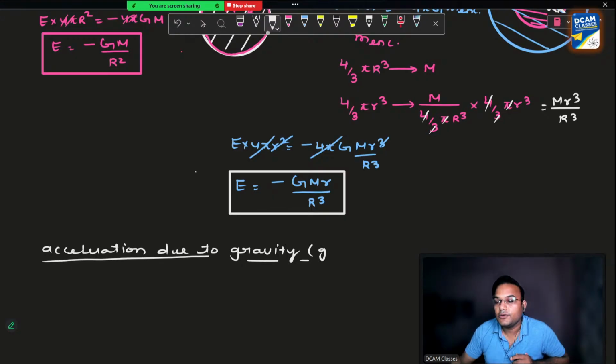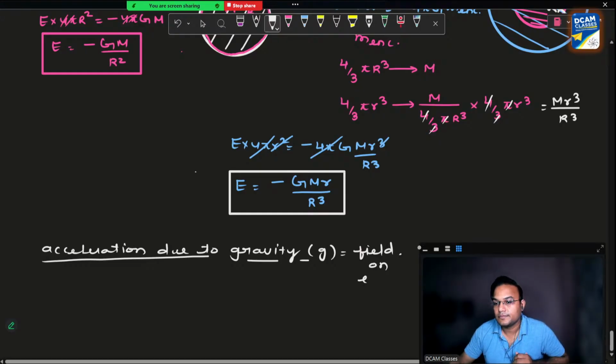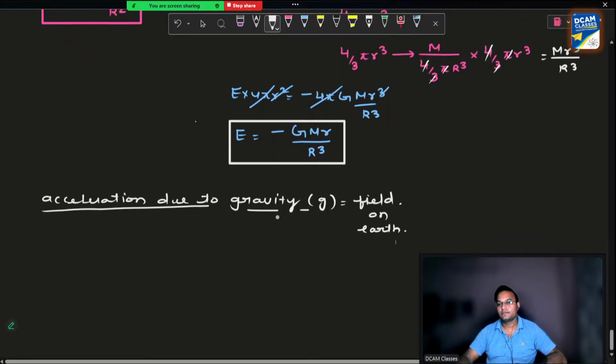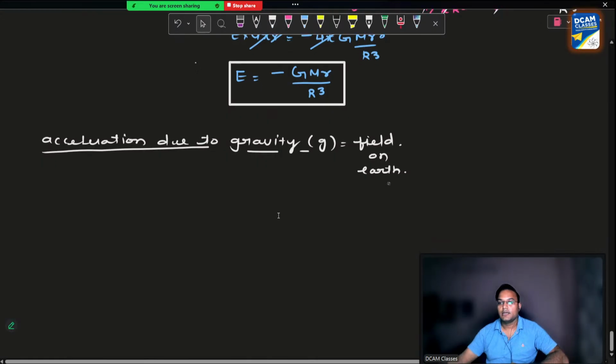Acceleration due to gravity is represented by g. It is nothing but the field for Earth. You know this one. Acceleration due to gravity is nothing but the field on Earth. Correct? Yes.